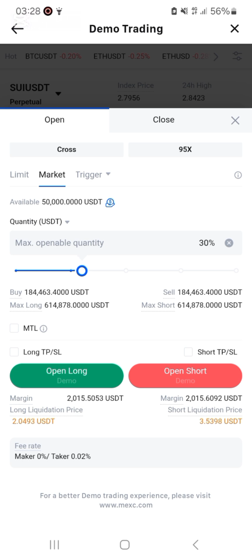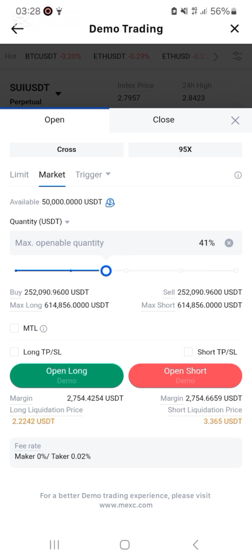Let me assume that you are given 10,000 naira, right? But you don't want to use the whole 10,000 naira to enter the market. Now you want to use like 3,000 naira to try it, so it means that you're using 30% of 10,000 naira. So that is what it is here. But if you want to use the whole 10,000 naira, you're going to put it to 100%. 100% means that you're using everything, the whole money that you have in your wallet, right?